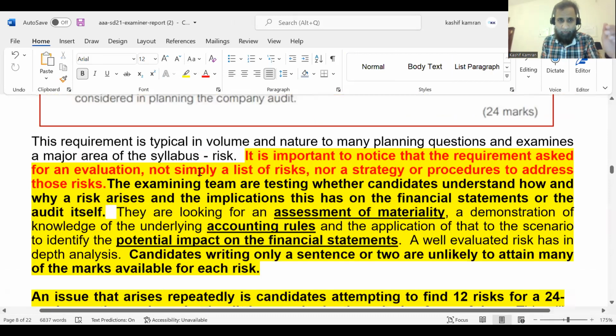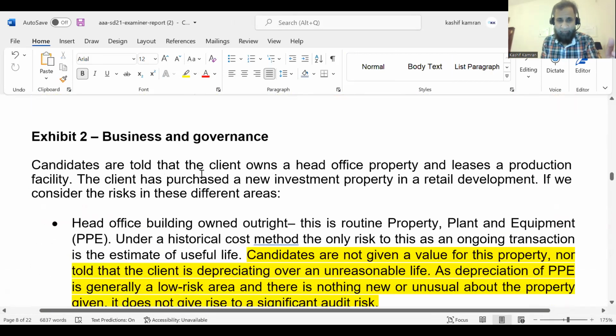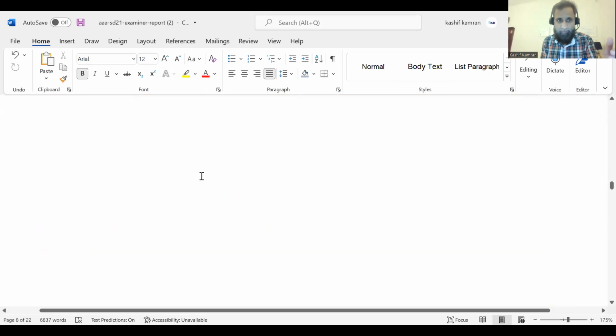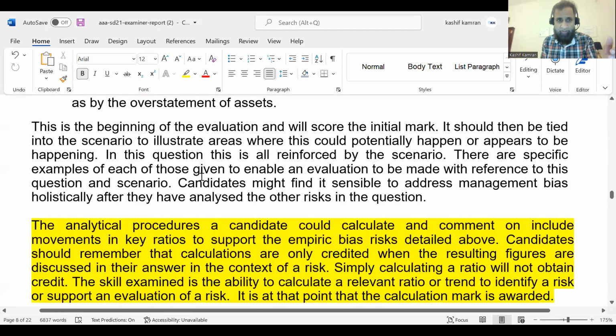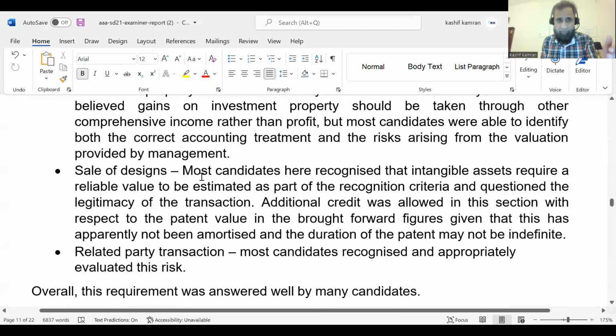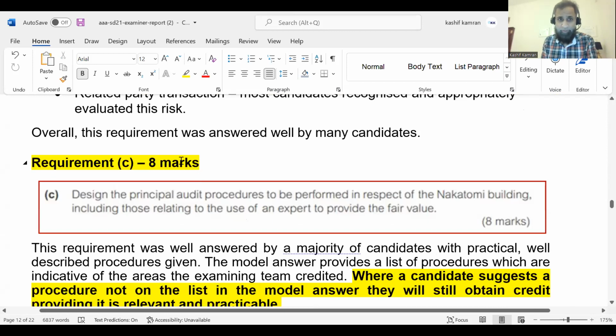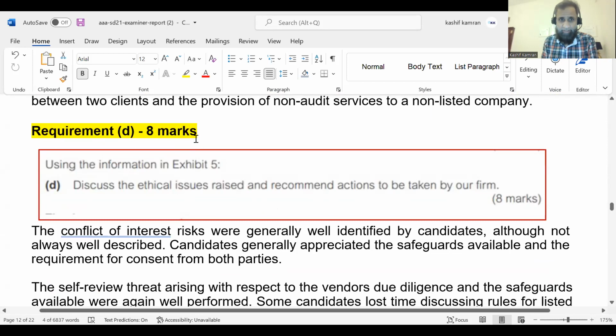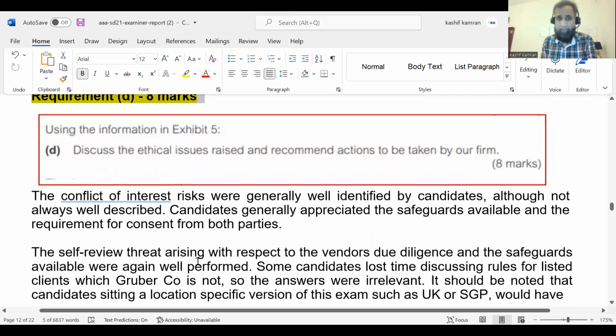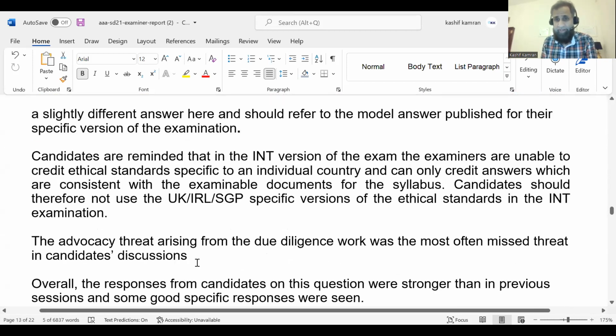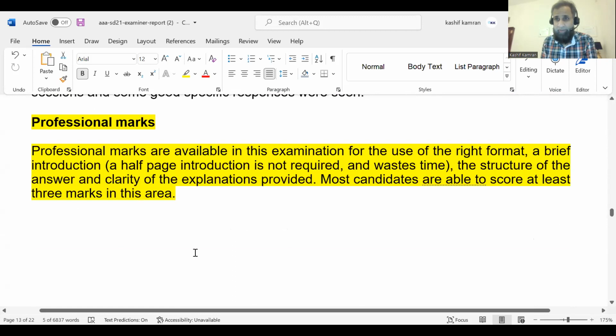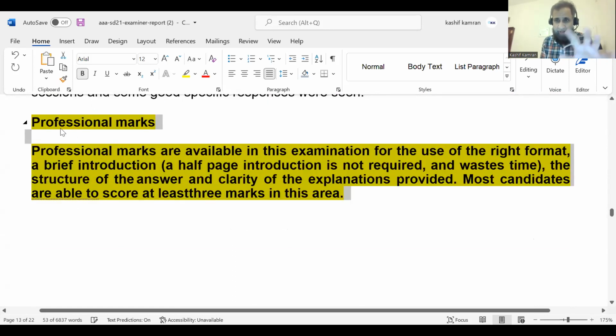And it goes down, you read the criticism, see how long that is, page 1, page 2, page 3, page 4. Then it comes to the 8 marks requirement, which is the procedure. Then the examiner is telling us the D marks, ethical issues. So it's almost like 8 to 9 pages, question number 1 only. But please try to find time reading it, because that will really benefit you. I've already explained the criticism of the professional marks in my presentation.